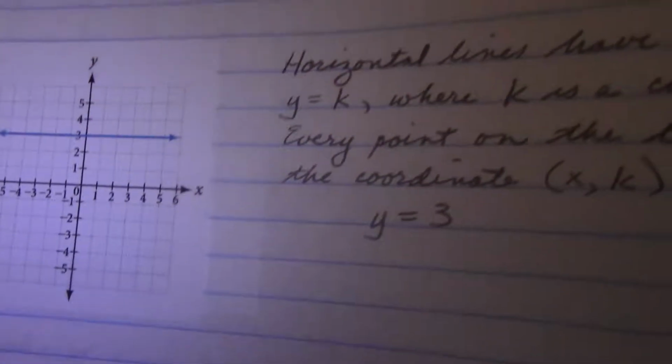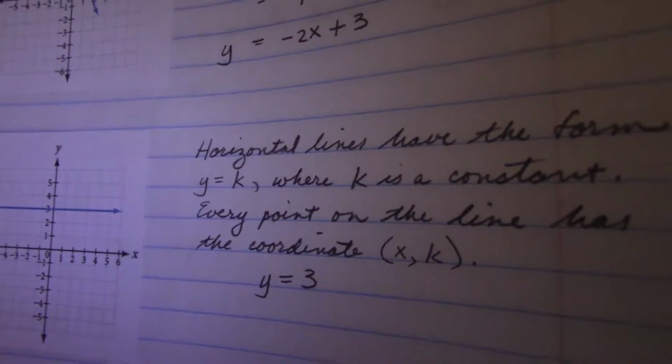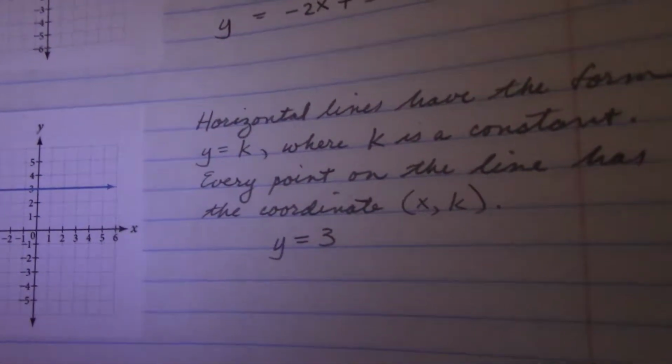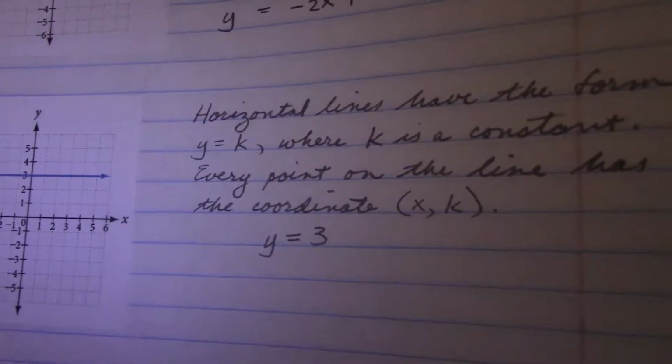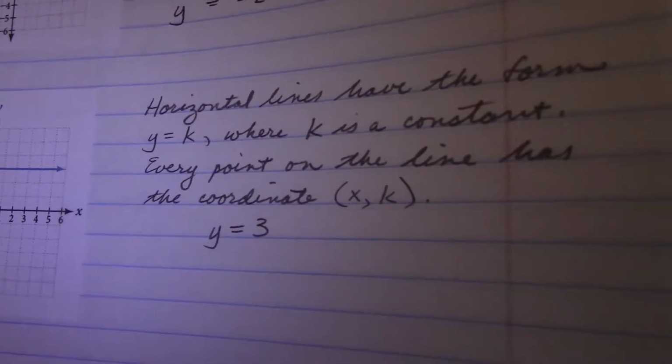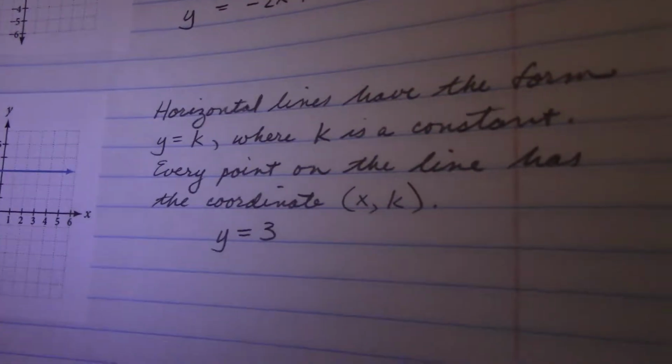So that's the equation of this line. As you can see, I've written in my little notes here, y equals 3. Okay. Here's my note if you want to read that. Okay, there you go.